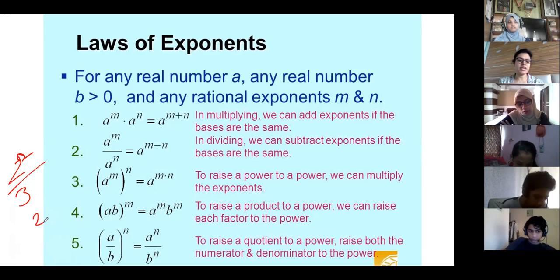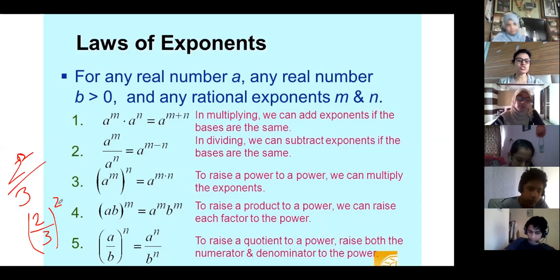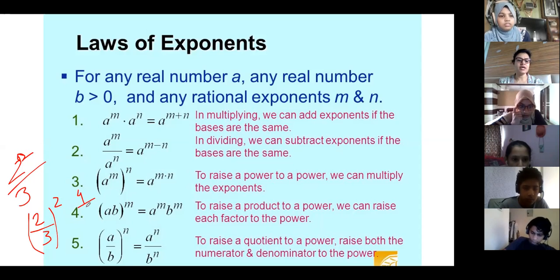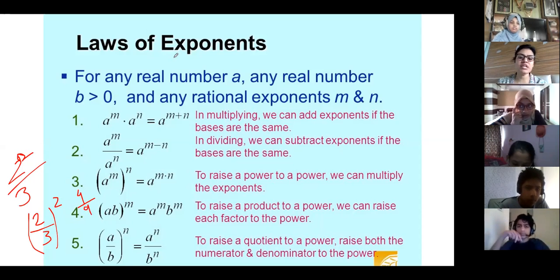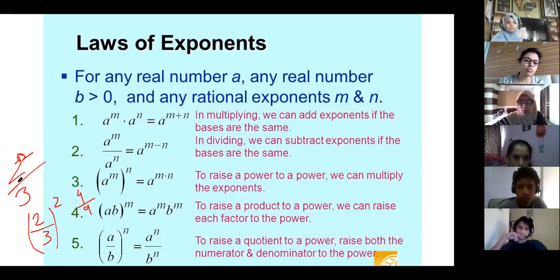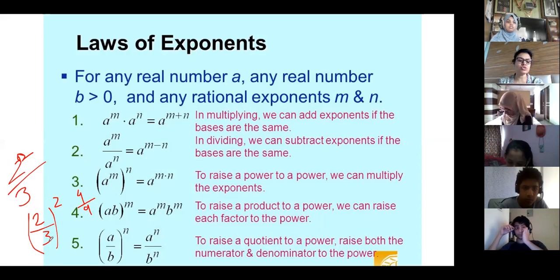But if I write 2 by 3 whole power 2 with a bracket, this means 2 2s are 4 and 3 3s are 9, so this means 4 by 9. The mistake you made, Munib, was that you didn't put a bracket. If you don't put a bracket, the power applies only to the numerator, not the denominator. So you have to put a bracket, or write separately 2 square upon 3 square.